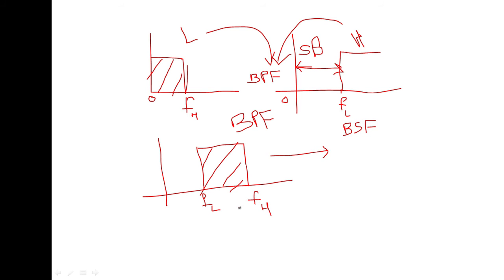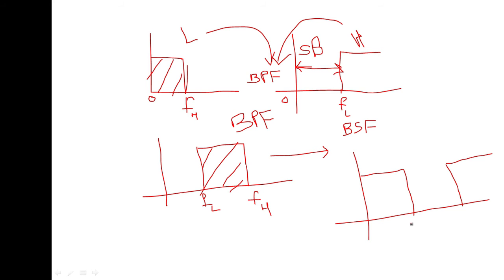Means only FL to FH is attenuated, whereas all the signal is able to transmit through the circuitry, just like this. 0 to FH and FL to above.